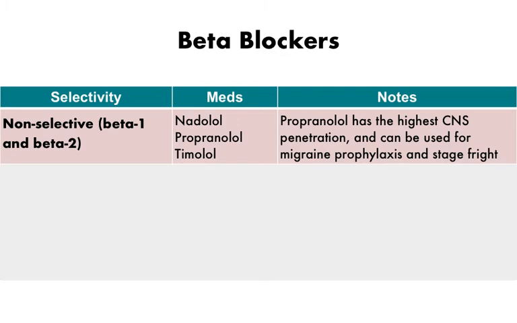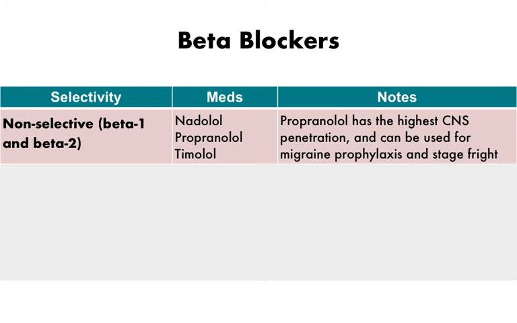Propranolol has the highest CNS penetration of all the beta blockers, so it can be used for migraine prophylaxis and even for stage fright, but it does cause a lot of drowsiness. These non-selective agents do block beta 1, which is what we're targeting with hypertension, but they could have some untoward effects by blocking beta 2 receptors.